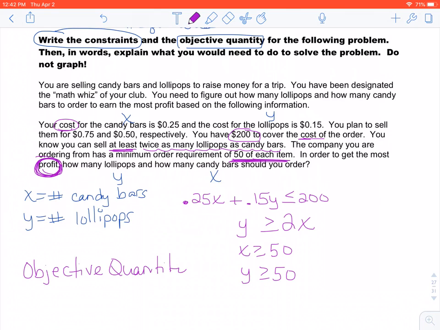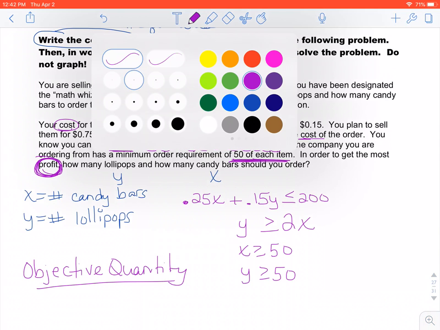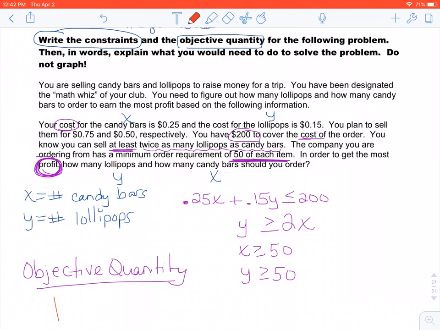So an objective quantity is an equation that represents how we can find a max amount of money. And in this equation, we're dealing with profit. So the way we can find profit is by taking what we're selling something for and subtracting the cost.